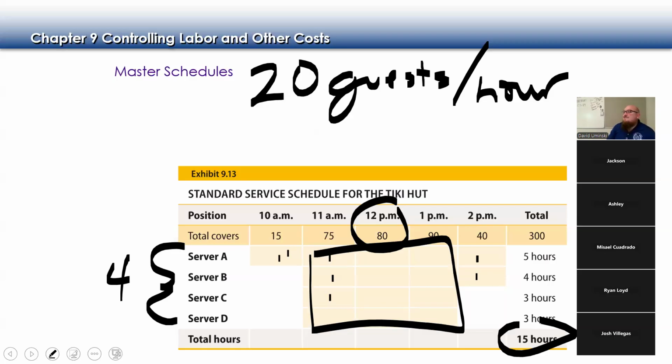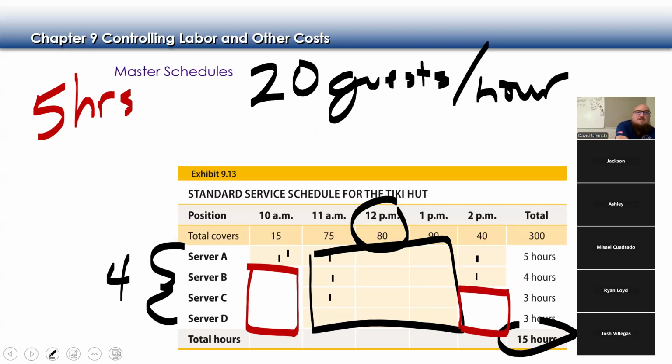If I brought every single server in at the beginning, and I kept them all the way till the end. Okay. I'm going to highlight that in red. So these 3 hours and these 2 hours. That represents 5 hours of work. Okay. Let's say we pay our servers $10 an hour.